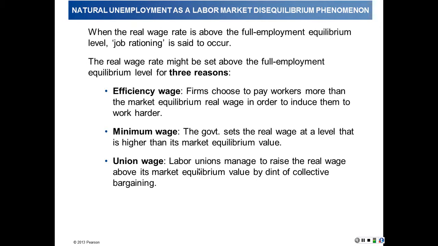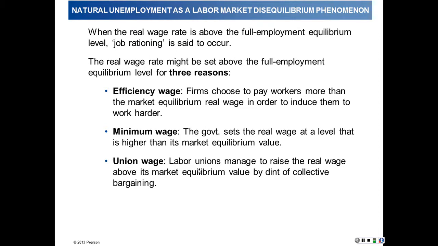If the government thinks that the equilibrium real wage is too low to afford American workers a decent standard of living, well, that's when the government may step in with a higher minimum wage. Correct? So that's another factor that may prevent the real wage from falling all the way down to its equilibrium value.